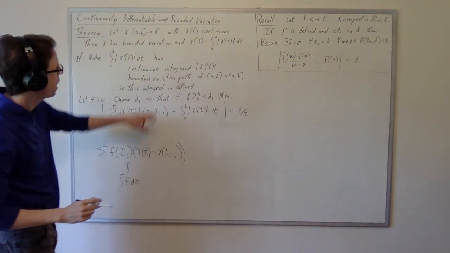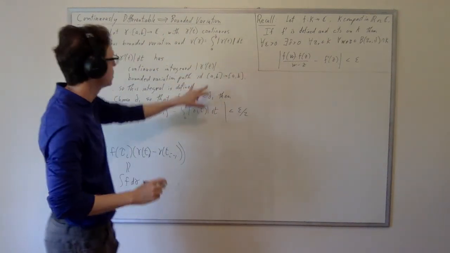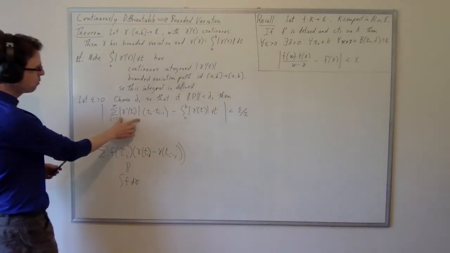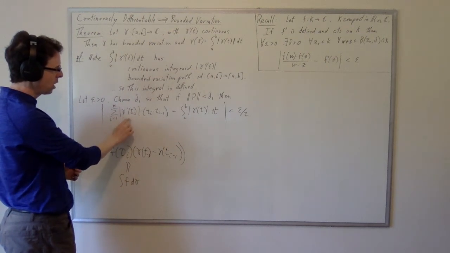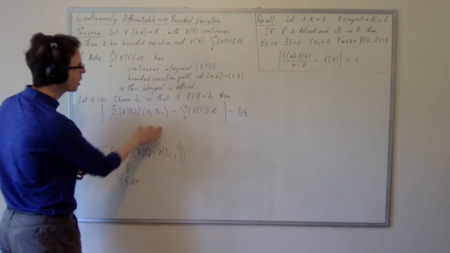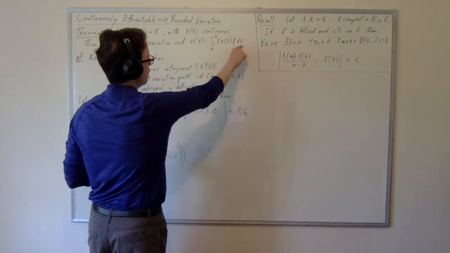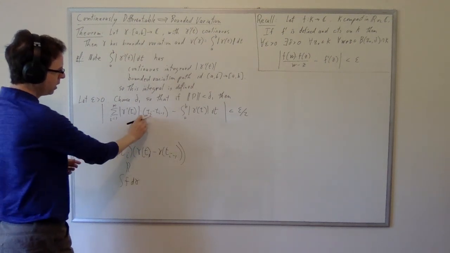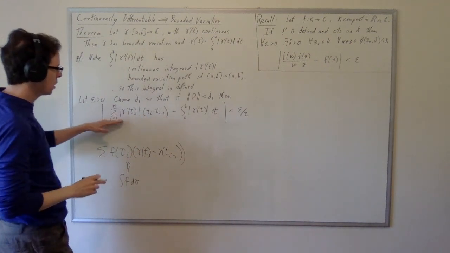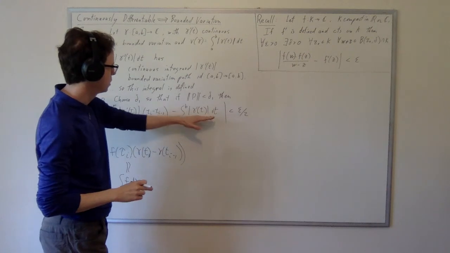And our function f in this case is actually the integrand, which is this function. So that's why I've plugged tau i into the function modulus gamma prime. And then our gamma here is actually the identity path because it's dt. That's why I haven't written any gamma here. So this thing is very close to this integral.